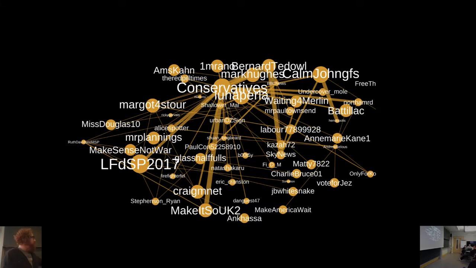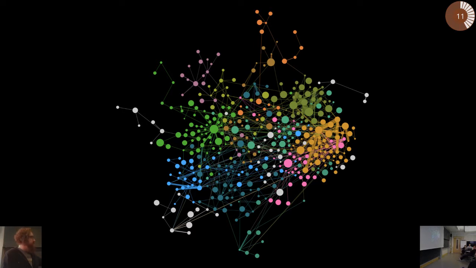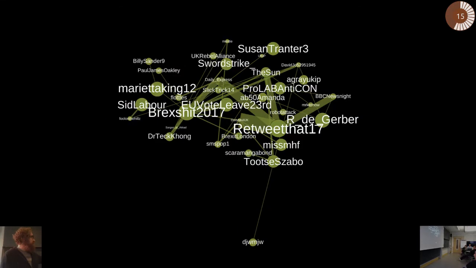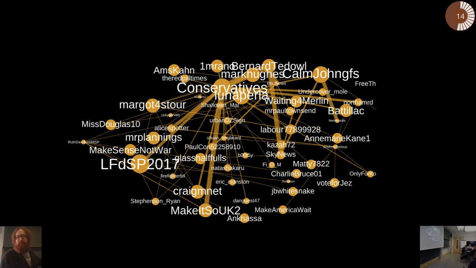If we would go from this filtered view back to the full view, with a more systematic analytical strategy, we could also find which users are bridging between Labour and the Conservatives, and which users in this cluster seem to have the most impact inside some of the other political clusters and so on.